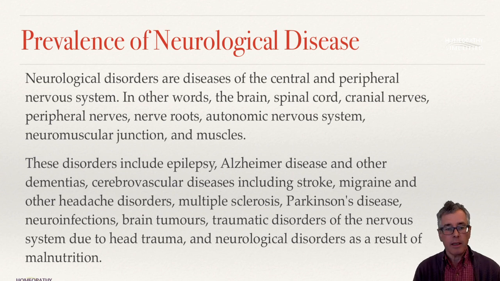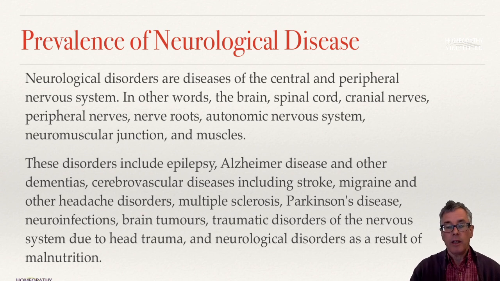Of course, tendons and ligaments and fascia are also affected. These disorders include epilepsy, Alzheimer's disease and other dementias, cerebrovascular diseases including stroke, migraine and other headache disorders, MS, Parkinson's, neurological infections, brain tumors, and trauma disorders of the nervous system due to head trauma.